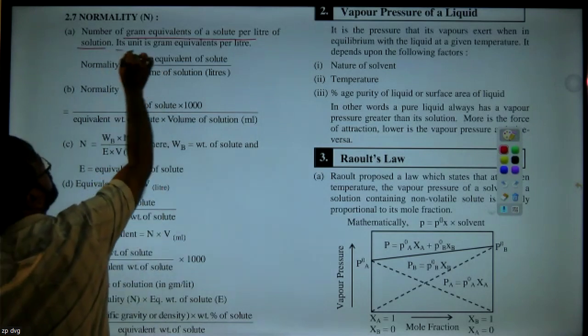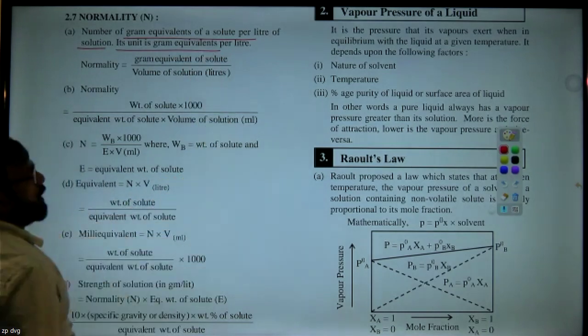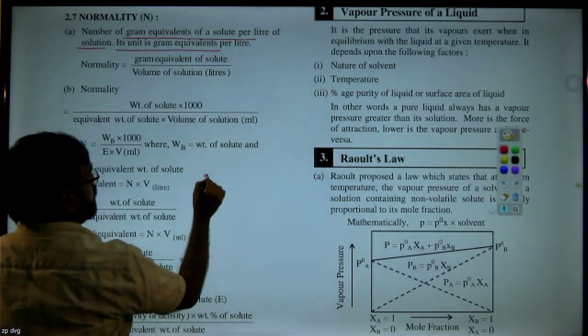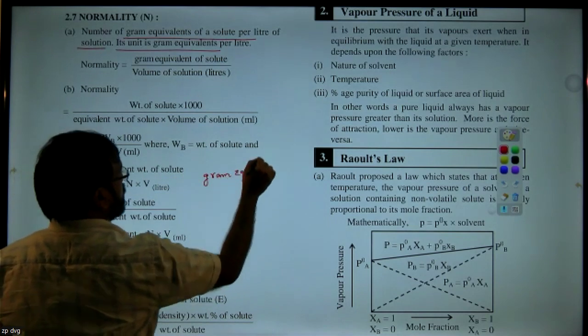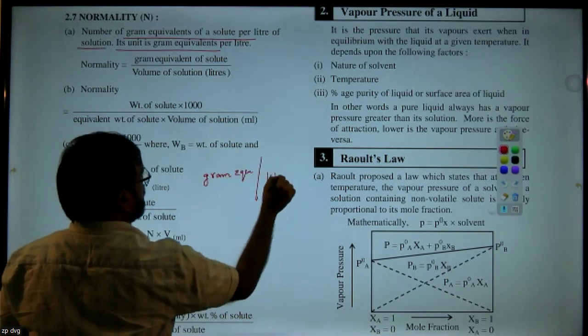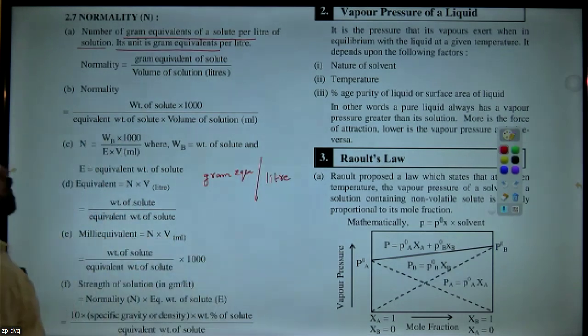What is the unit of this one? Gram equivalents per liter. So the unit of normality is gram equivalents per liter.